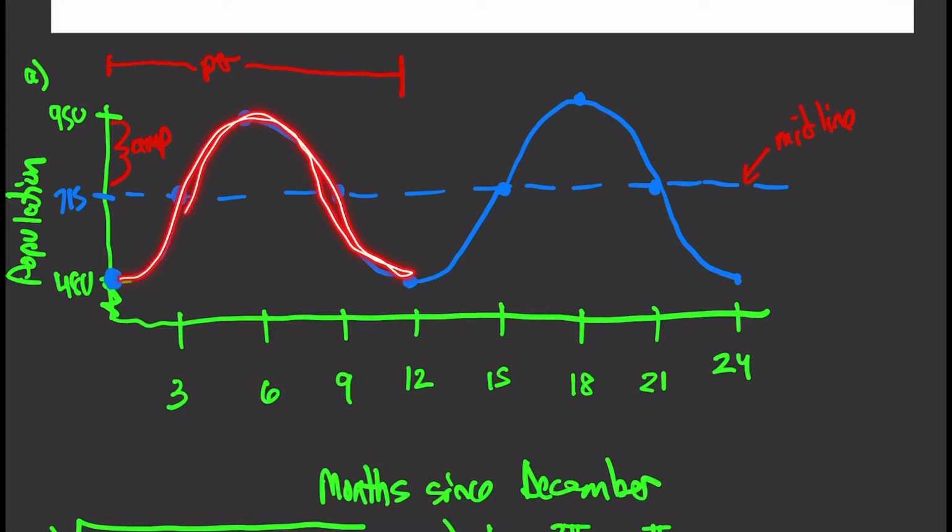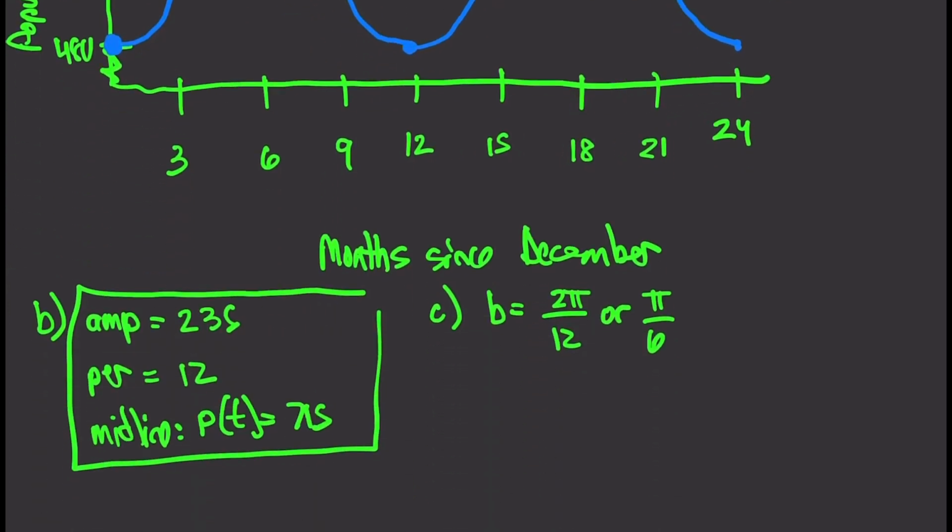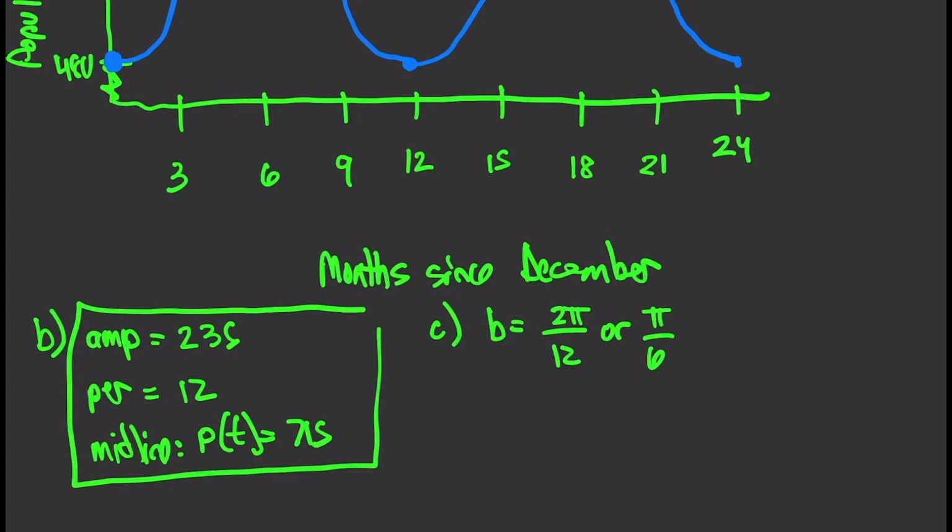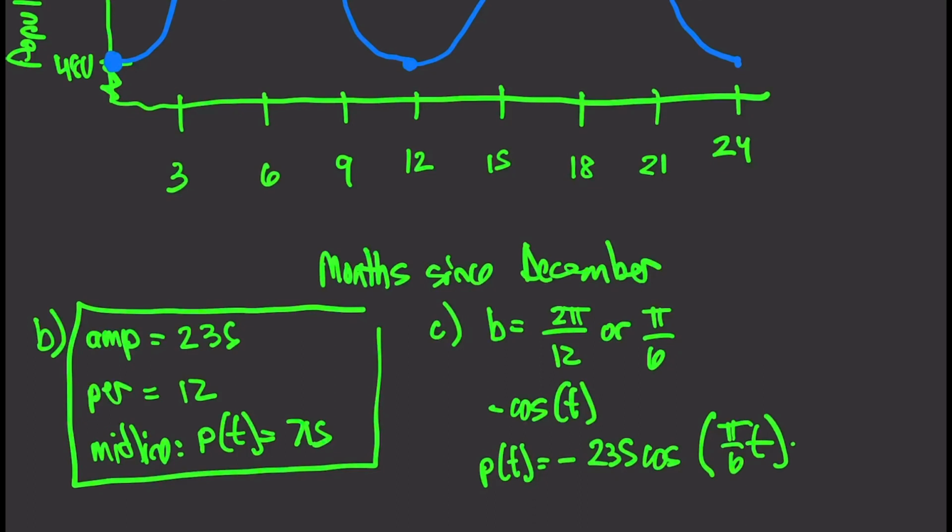I don't want to do a phase shift, so I'm going to call this a negative cosine. So incorporating everything into this and using the function notation, I got P of t equals negative 235 cosine pi over 6t, and then plus 715.